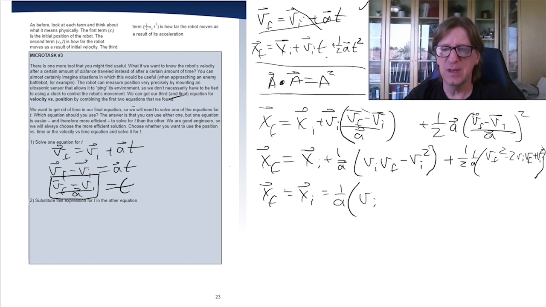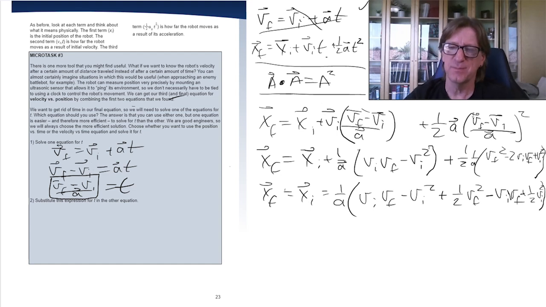So I have a vi vf minus vi squared plus 1/2 vf squared minus 1/2 times 2 is just 1 vi vf plus 1/2 vi squared. And again, I'm going to have to really squeeze my parenthesis in there. Okay, and that, by the way, should be a plus.